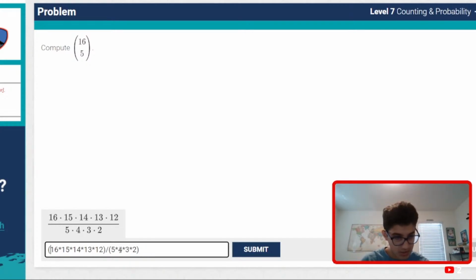4 and 3 will cancel out with the 12, but what do we want to do? Yeah, let's remove that. Let's remove the 12. That takes care of all this stuff. Let's make this a 7 because that's easy to work with, easier at least. 5, and then let's make this a 3.